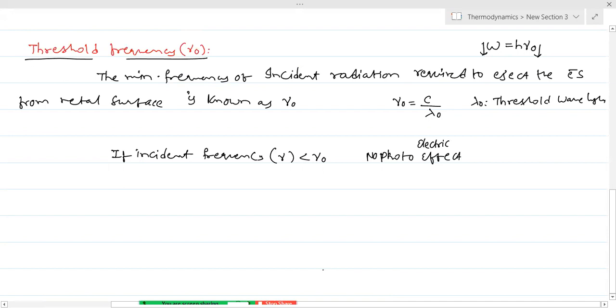But you are taking a frequency even less than that, so the photoelectric effect is not possible.